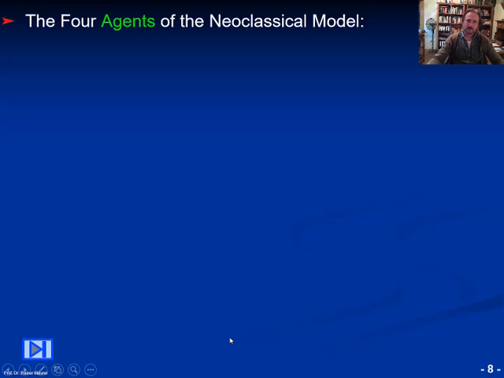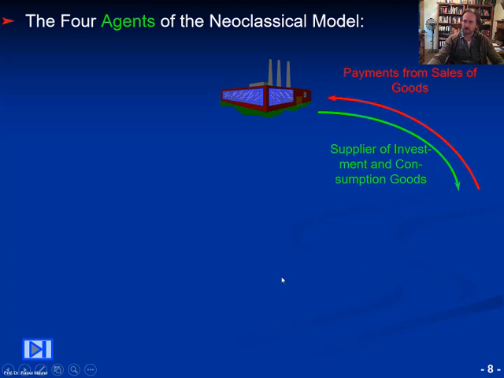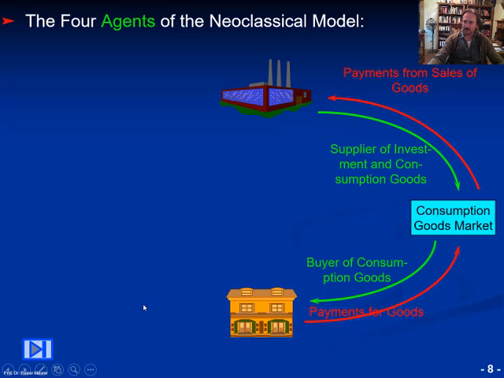On one side of the economy we have, once again, private companies, the firm sector. They supply goods and services to the market for goods and services. On the other side of the economy we have the household sector, and they basically demand these goods as consumption goods.